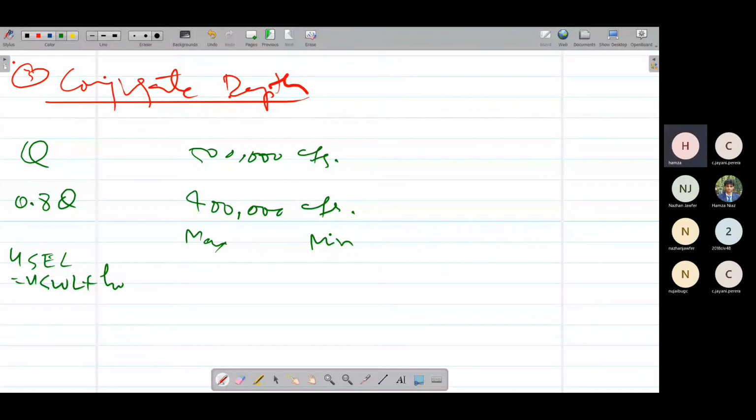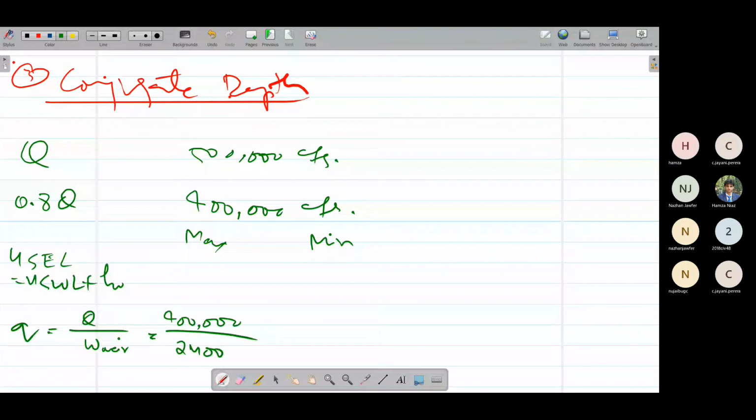After this upstream energy level, we have to calculate the discharge intensity, q is equal to Q over width of weir. In this case, remember we have Q of 400,000 and the width of weir is 2400. We are subtracting 600 from this. We are not considering the undersluice in this portion, so we are only using the width of main weir.